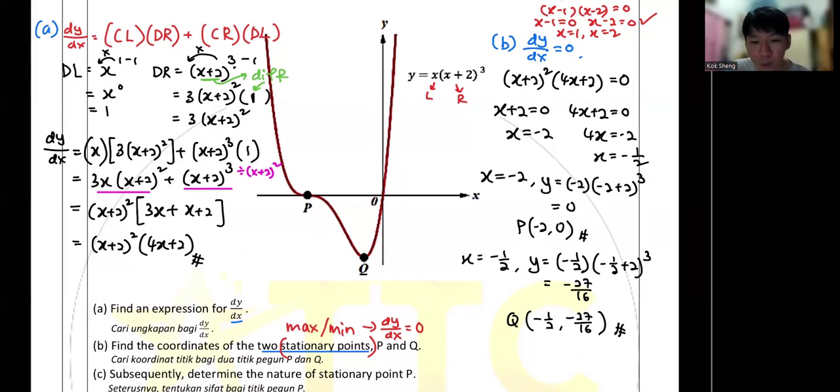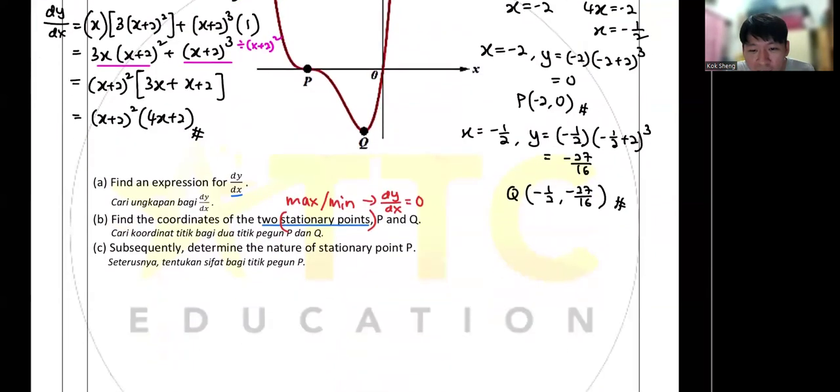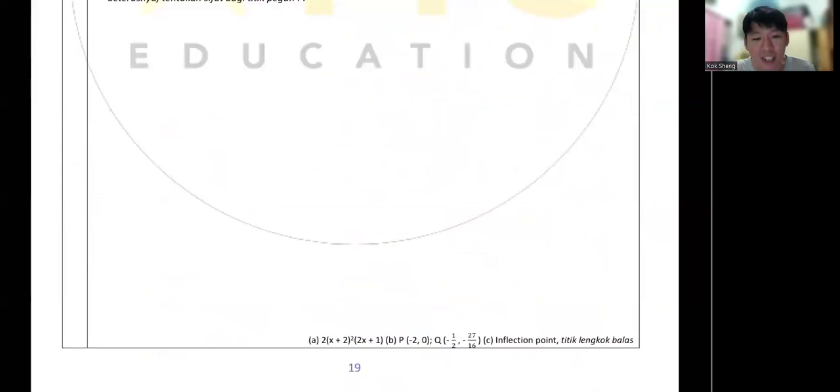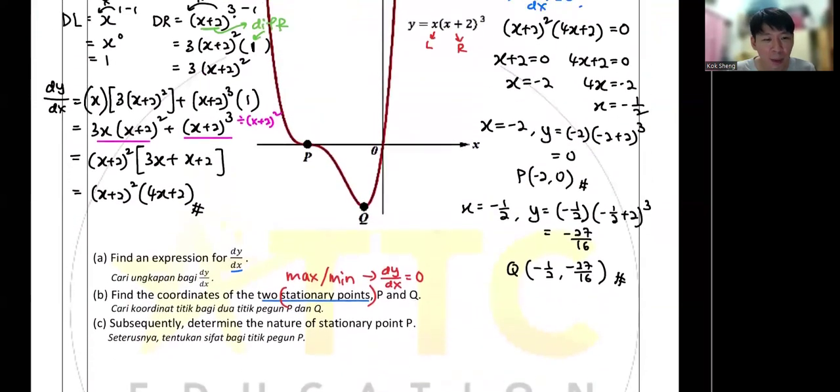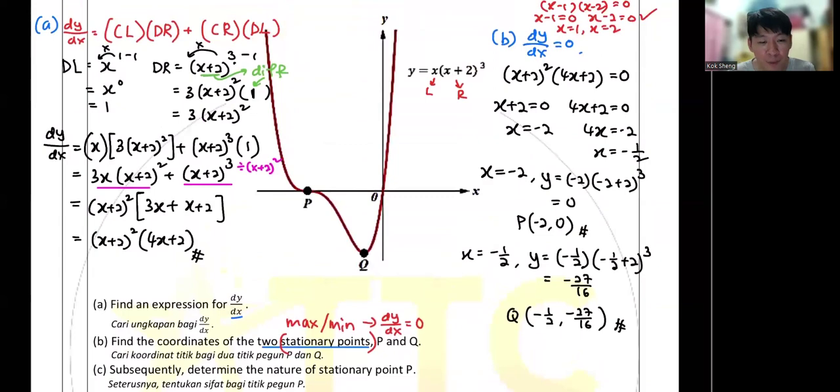Yeah, yeah, this is the point Q. Is the answer correct? Yeah, really. Okay, so this is part B, 2 stationary points.